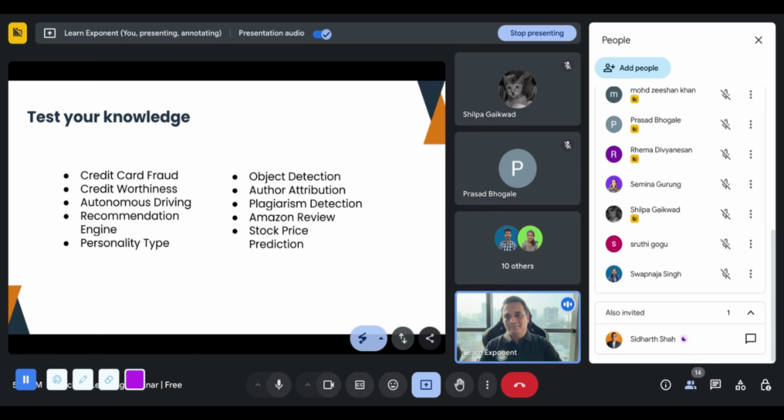Let's go a step ahead. Now let's take a step back and ask ourselves which of these tasks fall into which category of algorithm, right? I'll start with a few, and then I'll give you a rundown. The credit card fraud is interesting because it can be modeled both as a regression problem and a classification problem.